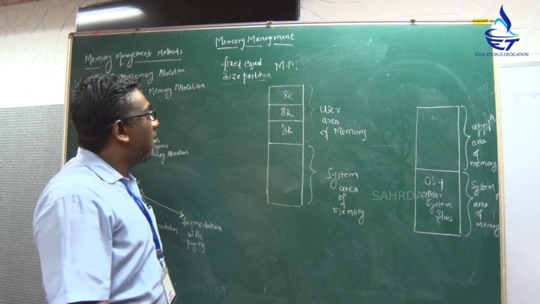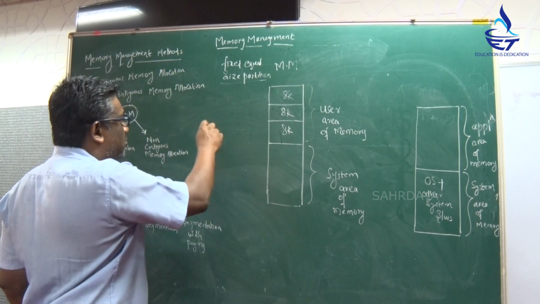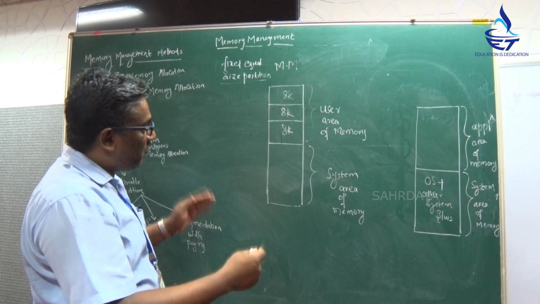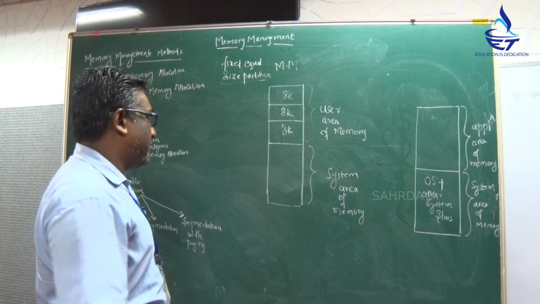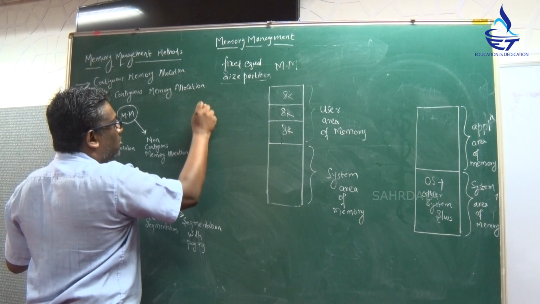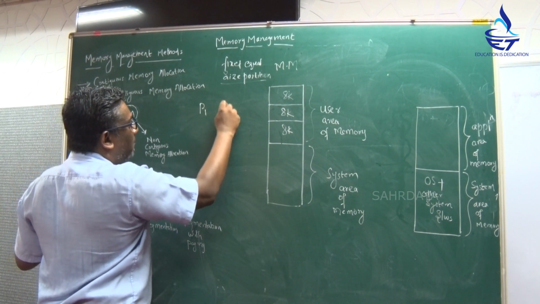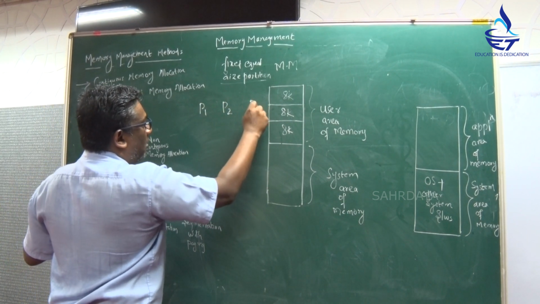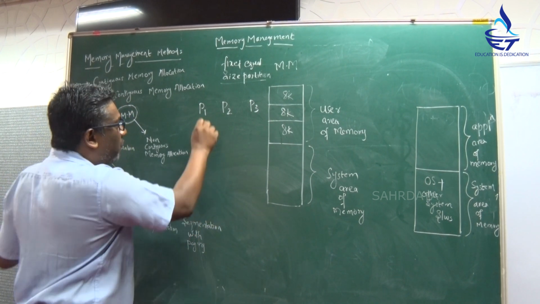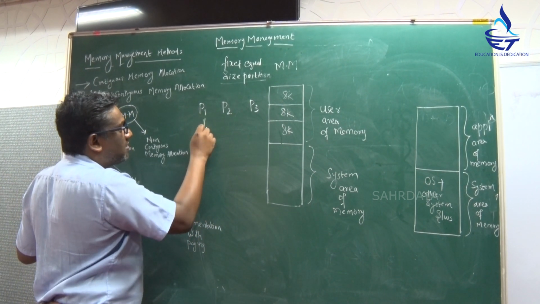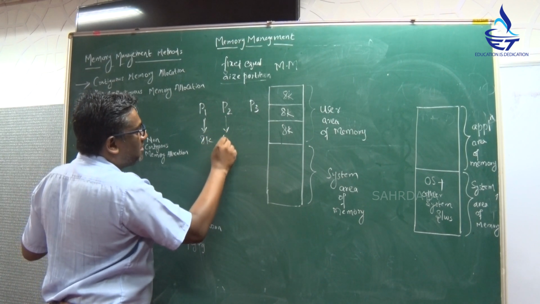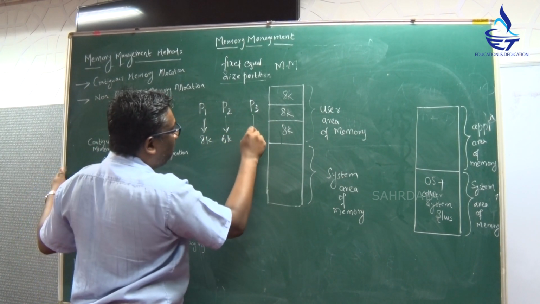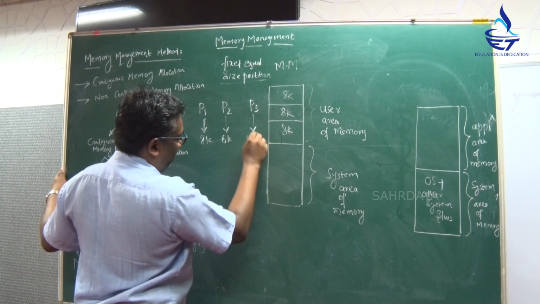Now we'll discuss one problem, how the processes from the secondary storage device are loaded or placed into these partitions. Suppose we have three processes, P1, P2 and P3, and the size of P1 is 8K, the size of P2 is 6K, and the size of P3 is 9K.